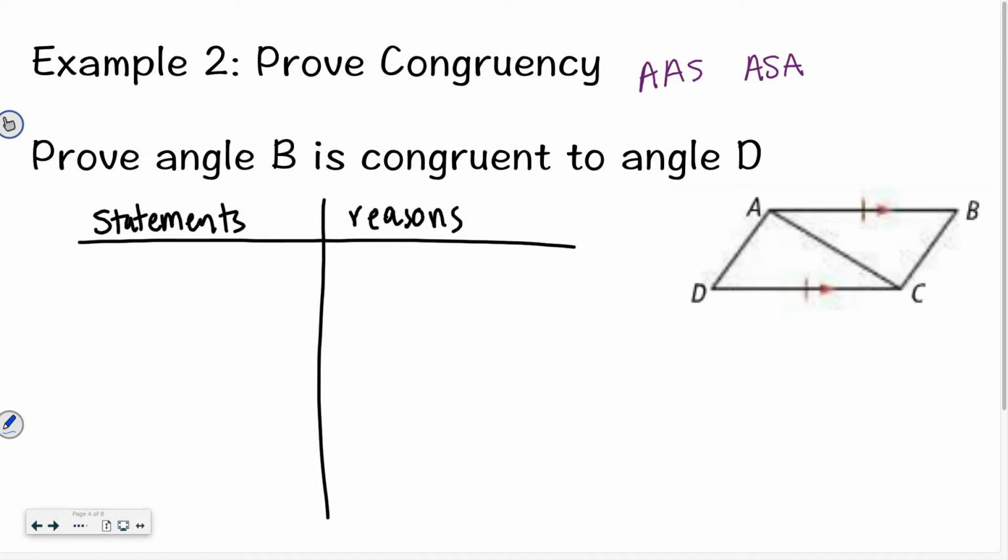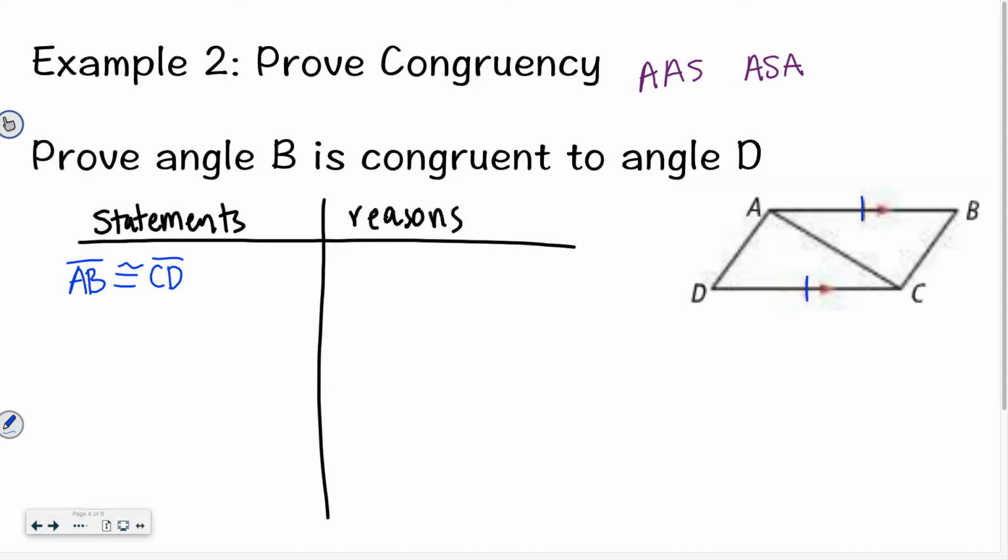So this is the same picture as yesterday, but we're going to prove this information a little differently. So my given, I see that I have two congruent sides. So I can say segment AB is congruent to segment DC, or actually, I'll put CD.